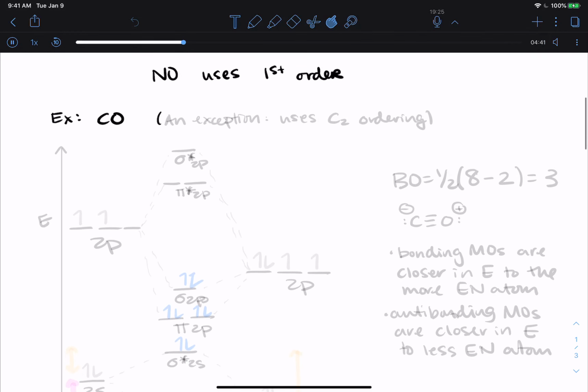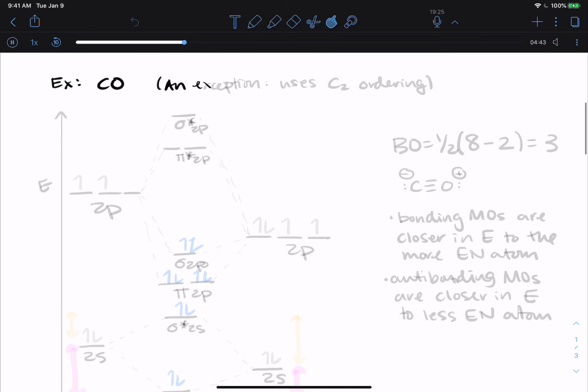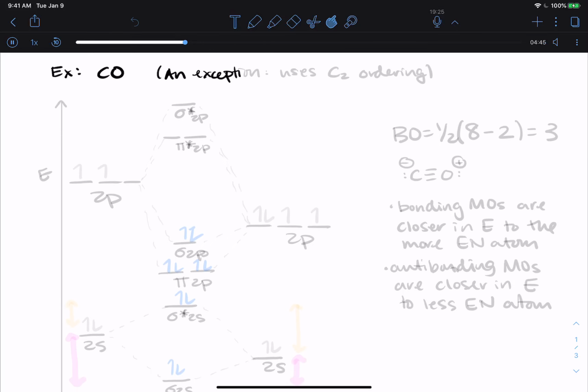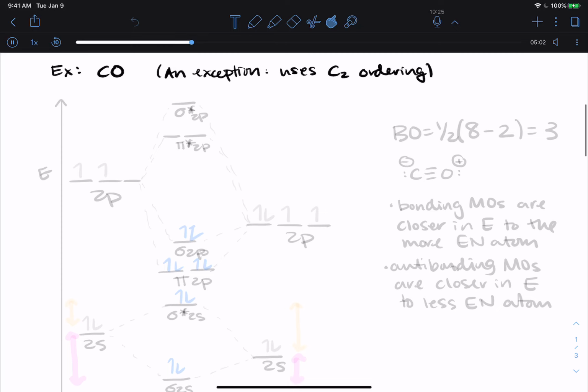This is an exception, and the way that I would let you know is I would tell you that it uses the C2 ordering. I'm not going to come out and tell you that it is using a second order diagram, even though we would have predicted it to use first order, but I'm going to give you a clue.